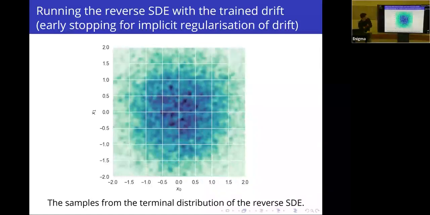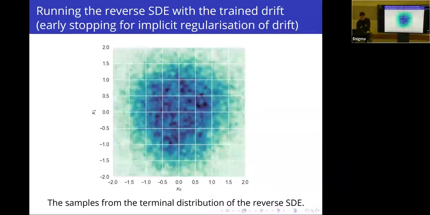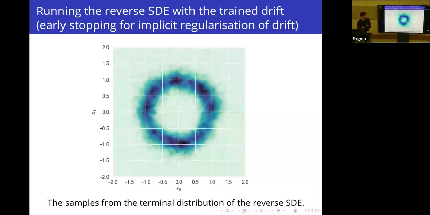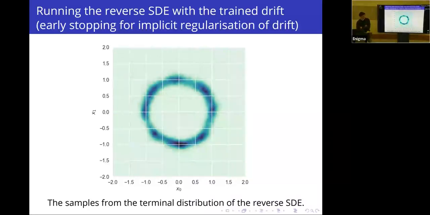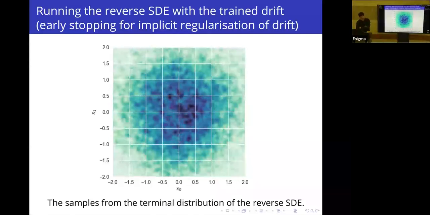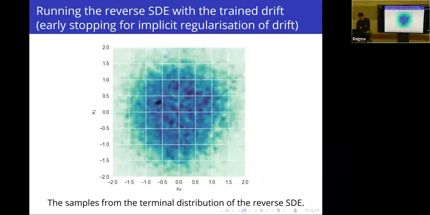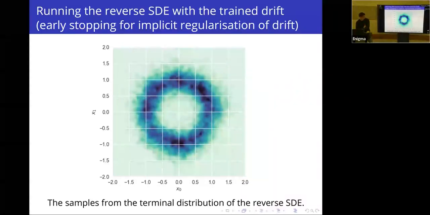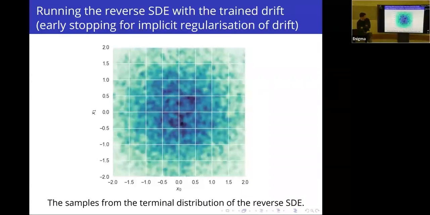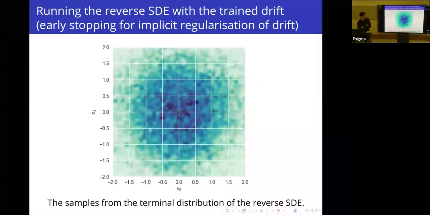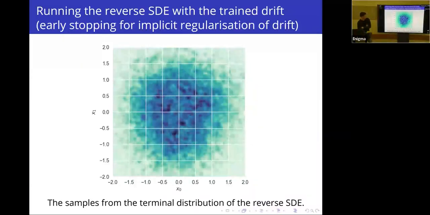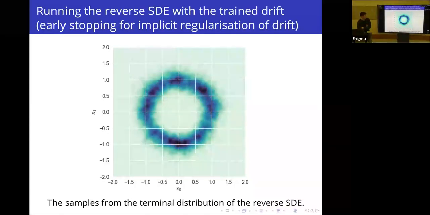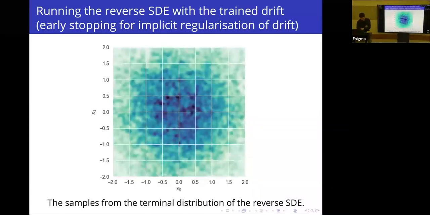So this is running the reverse SDE with the trained drift, where there is implicit regularization in the learning of this score function through early stopping of the neural network. And it looks like it's recovered the support of the data distribution, but not only the support of the empirical samples, but also is interpolating in between.